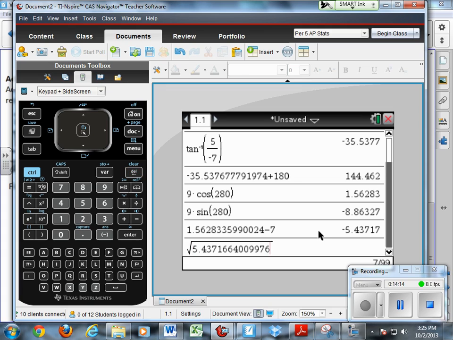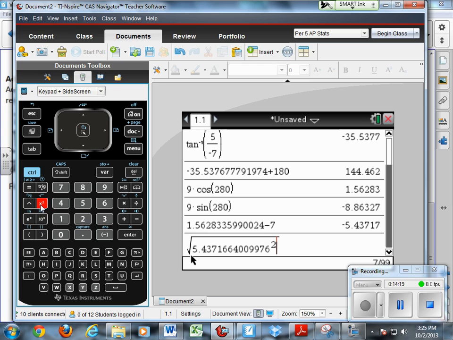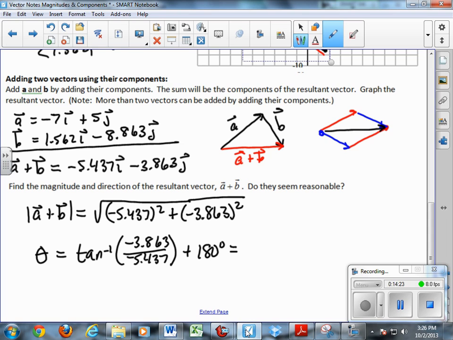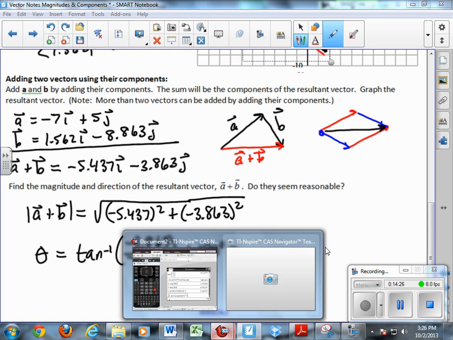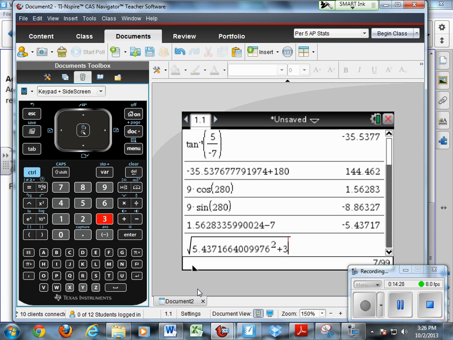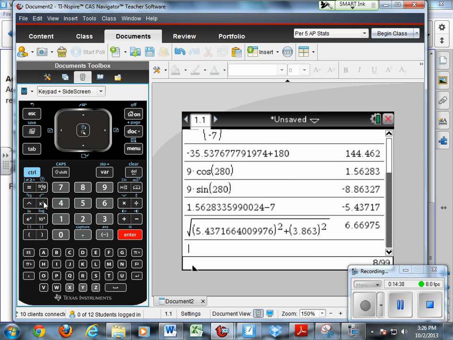And then plus the other number, 3.863. Now, does it bother you that I'm not putting negative signs? It shouldn't, because when you square a negative number or a positive number, it's still going to be a positive number. So 6.669 is the magnitude, and now I use inverse tangent.